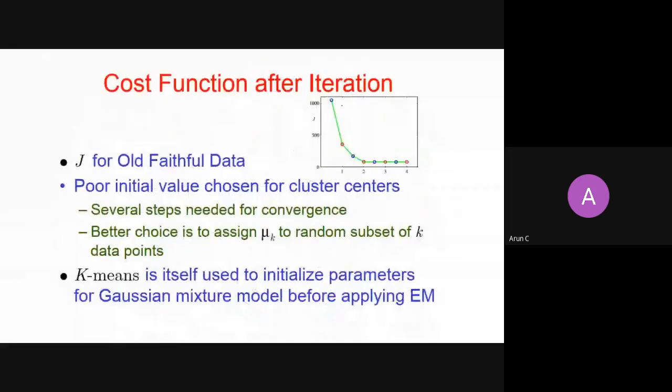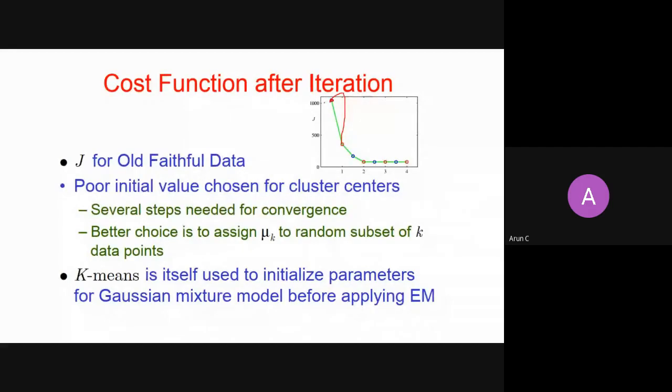So this is your cost function J, right? In your first iteration, you drastically come down here. Then in the second iteration, you further minimize. This graph is shown here. This is your assignment for R, then this is for mu.